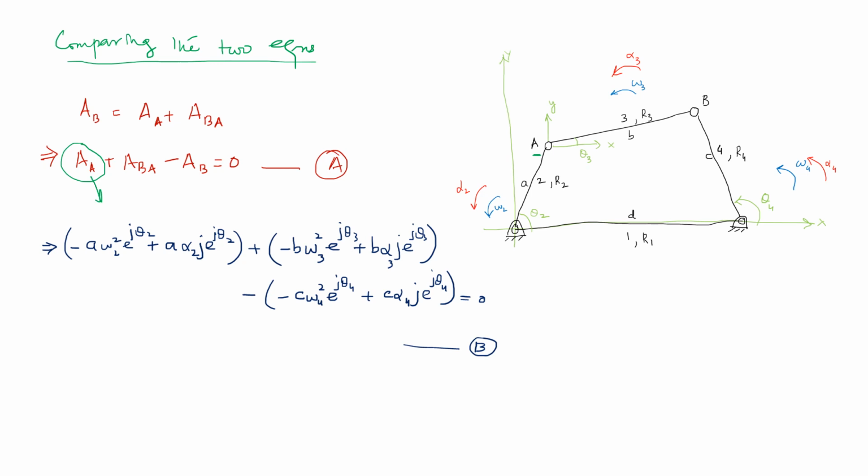This corresponds to these two expressions. Similarly, ABA, which is acceleration of point B with respect to point A, corresponds to these two expressions. And similarly, AB is listed right over here. And this is with a negative sign, and I can see that a negative sign is appearing over here.